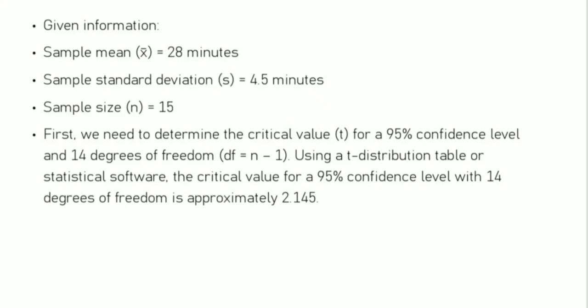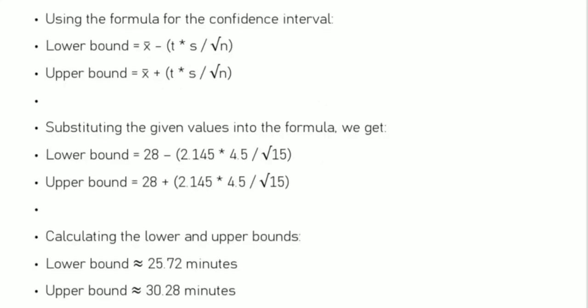Using the formula for the confidence interval, to find the lower bound and upper bound, the lower bound is x bar minus t times s by root n, and the plus sign for the upper bound. Substituting into the equation, we will get the lower bound as 25.72 minutes and the upper bound as 30.28 minutes.